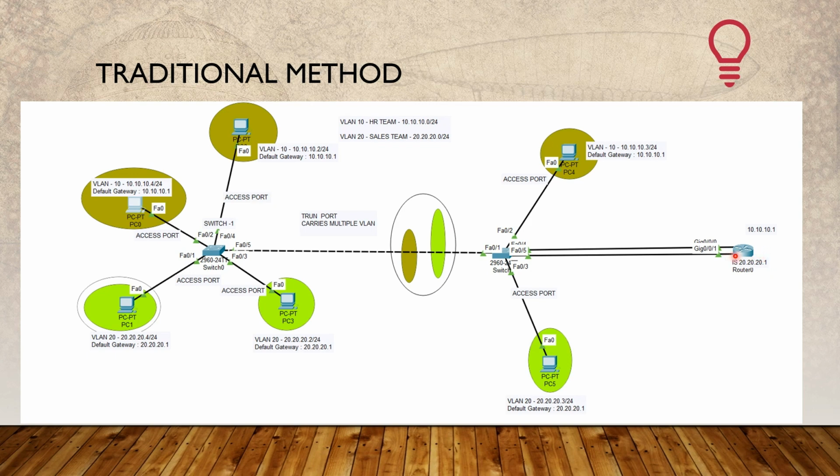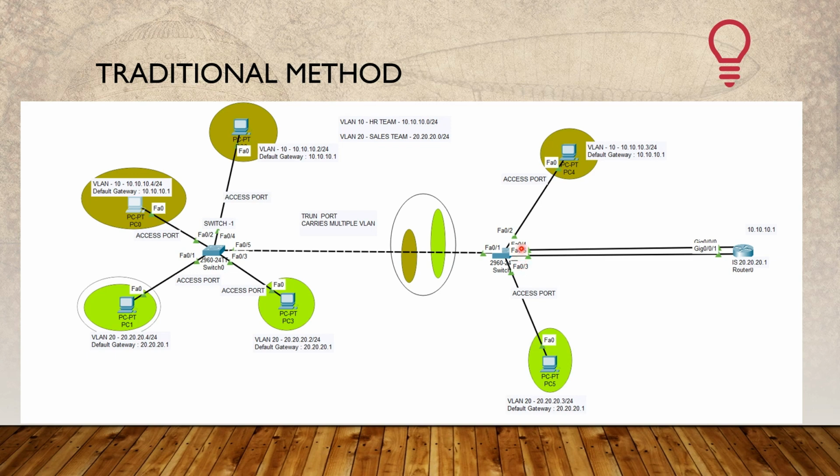I'll assign that IP to this particular interface, GI 0/0/0. 20.20.20.1 will be the gateway for all the green-colored VLAN 20, and that IP 20.20.20.1 will be assigned to GI 0/0/1. And both these ports connected to the router will be enabled as access ports.